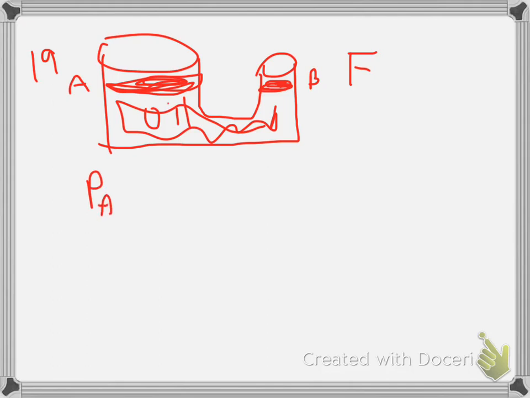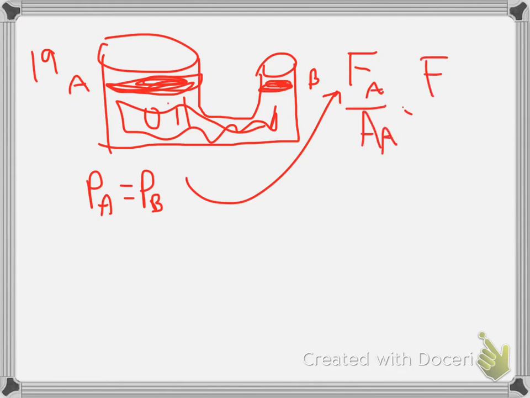Pascal's principle says P at A has to equal P at B. What I was going to do was jump into the F at A divided by the area at A equals F at B divided by the area of B. Again, this is by definition, pressure is force per area. So they give you the 125 kilogram is the mass of the object placed here, so there's going to be some weight that's equal to mg.